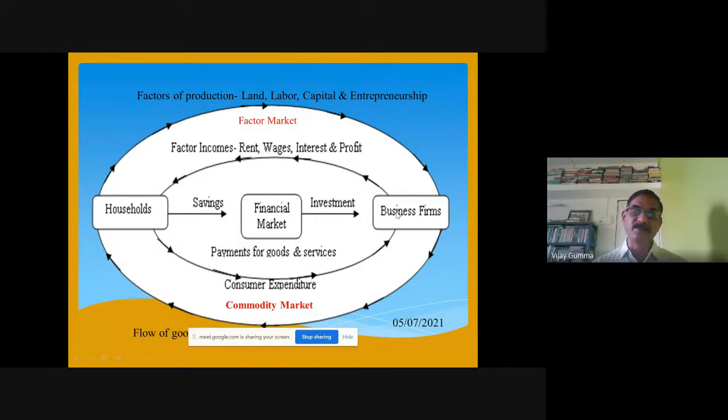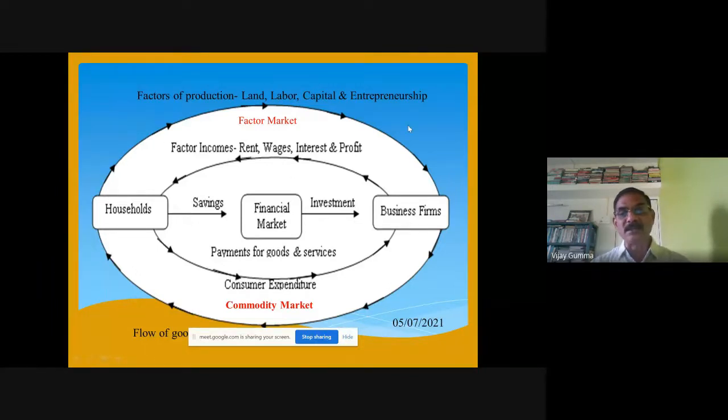Similarly, the income received by the household sector from the business firm sector again gets back to the business firm sector in the form of prices of goods and services.